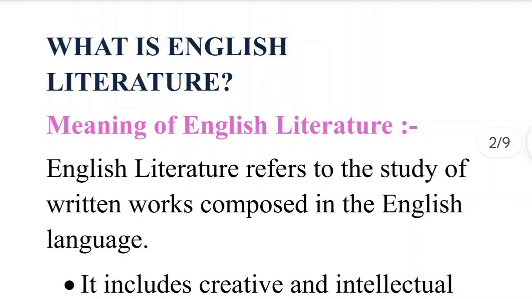What is English literature? Now we will see the meaning of English literature, what it basically means. English literature refers to the study of written works composed in the English language. It is nothing but the works produced in the English language, and the study of them is English literature.